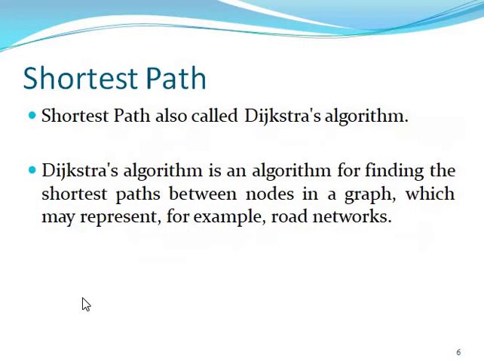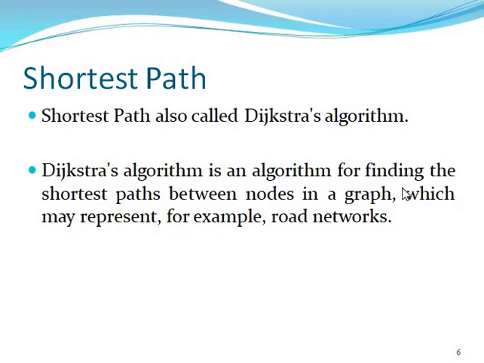Now we can look at one example of the greedy algorithm, the shortest path. The shortest path is also called the Dijkstra algorithm. In many books, reference books, or online, you can search and find that the Dijkstra algorithm is the shortest path algorithm, a greedy algorithm. Now, what is the algorithm?